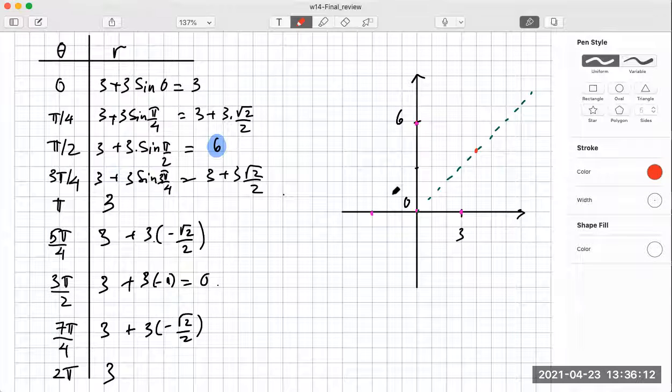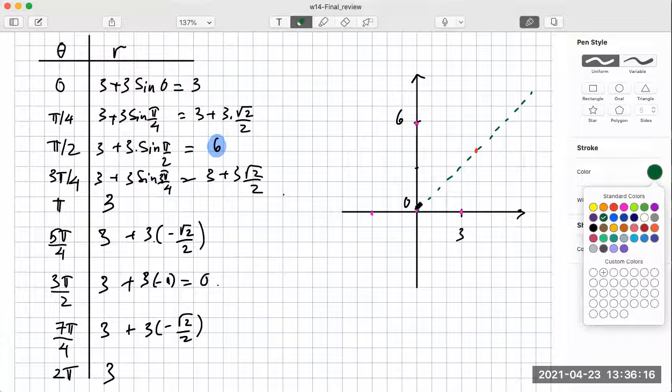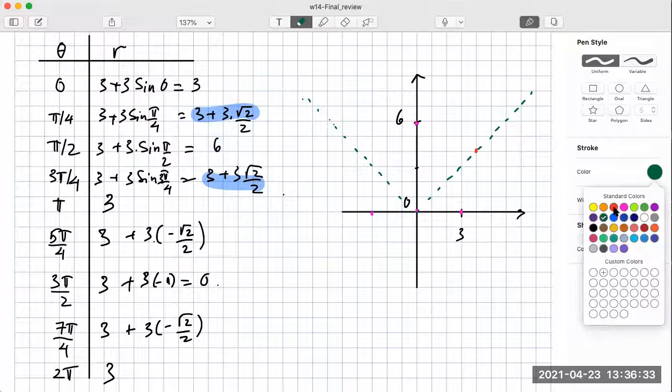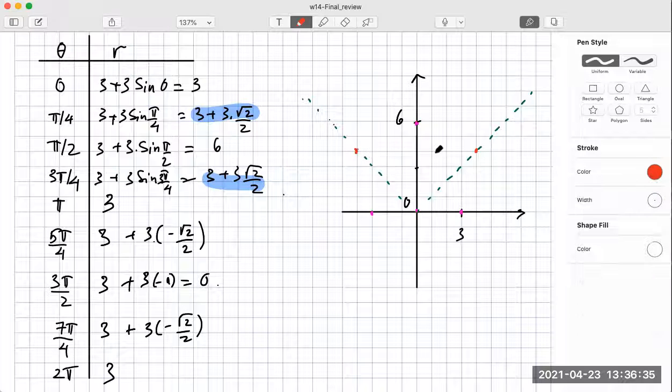And at the angle 3 pi over 4, it should be on this line. Okay, it has the same values as this guy. So if we count this, then it will be symmetric here. The same distance from here to here and here to here. And so on and so forth.